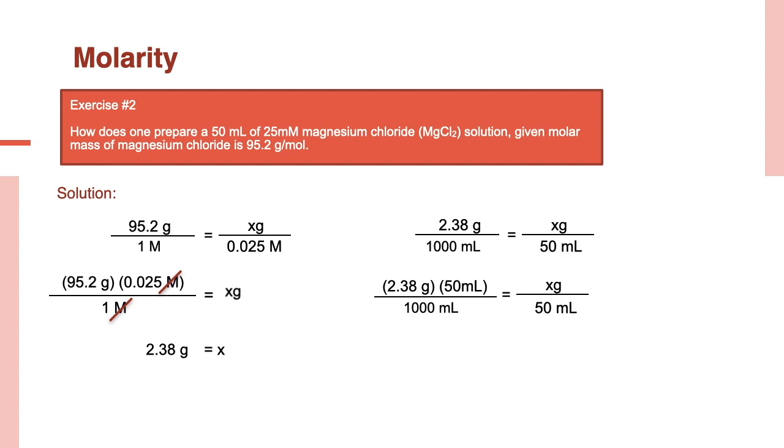Then, this cancels the 50 in the denominator on the right side of the equation. Then cancel the unit and simplify. The answer is 0.119 grams of magnesium chloride.